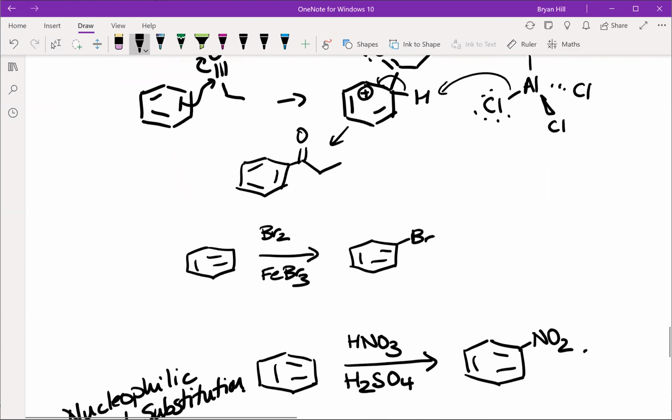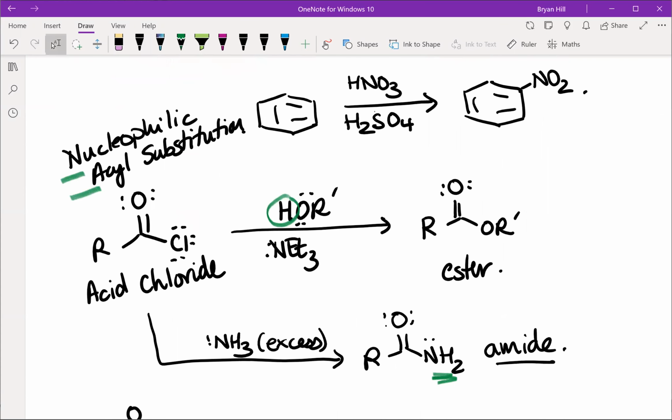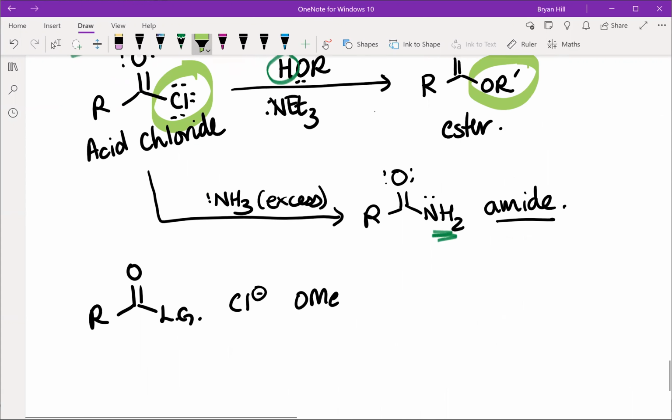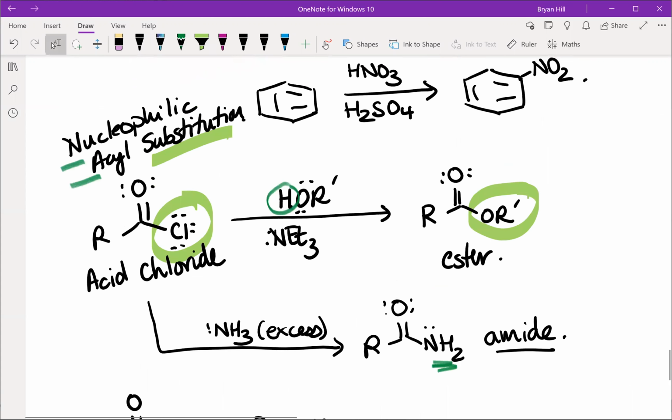So that's why it's a substitution. And here we've got a chlorine, and it's being converted to an OR. So it's basically a substitution. And that was really the 3 main classes of reactions that we did in organic 2, I believe.